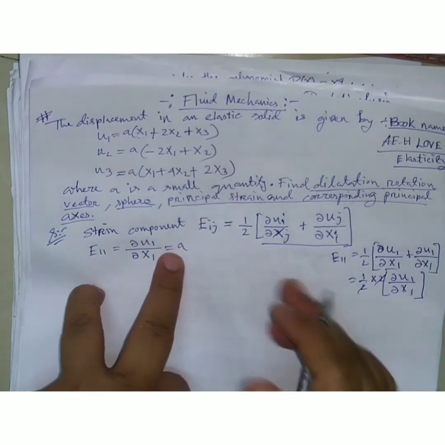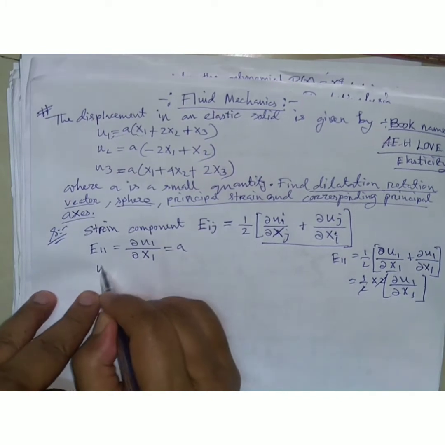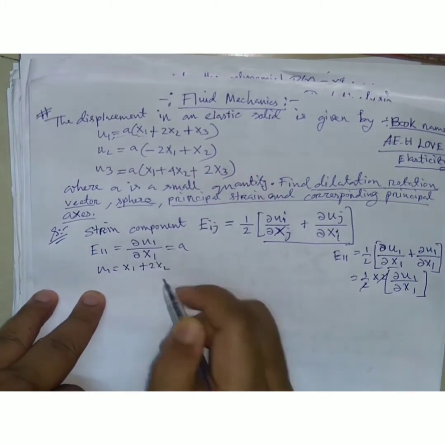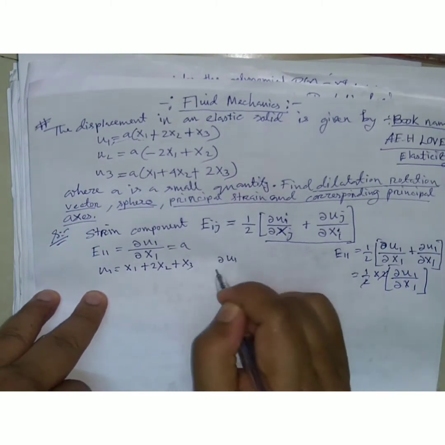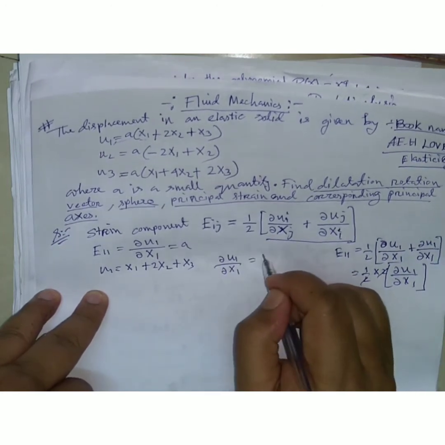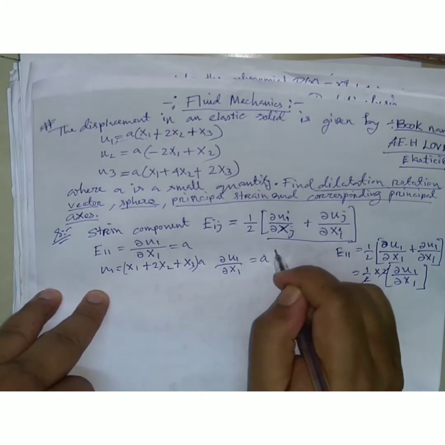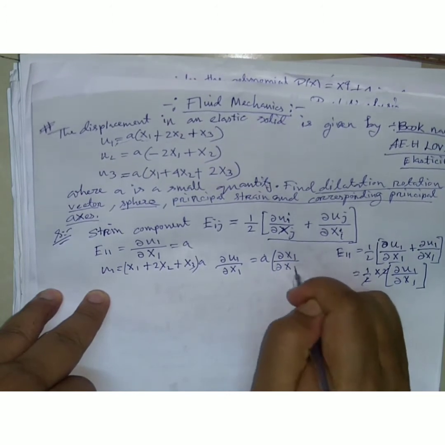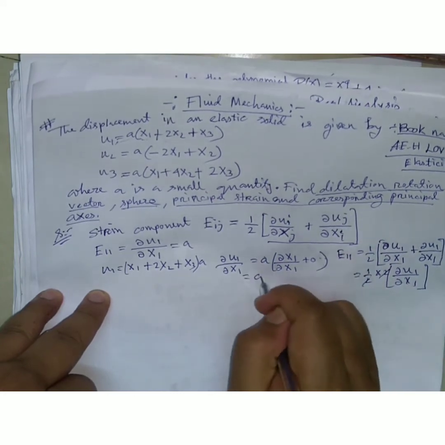That's why this value is a, because u1 is a into x1 plus 2x2 plus x3, so del u1 divided by del x1 is a, and other portions are 0.